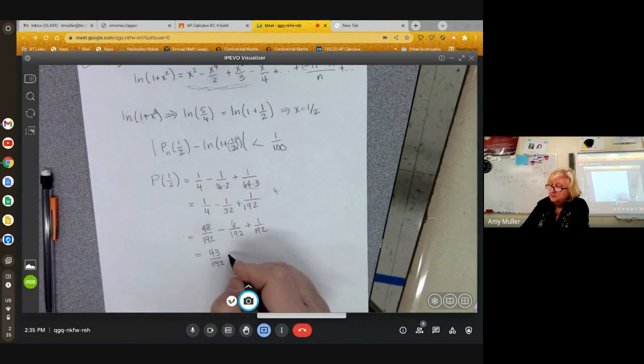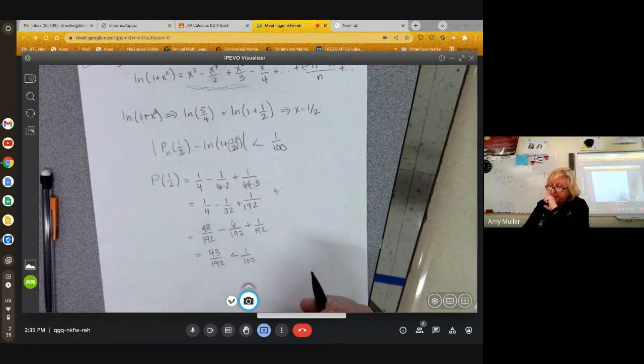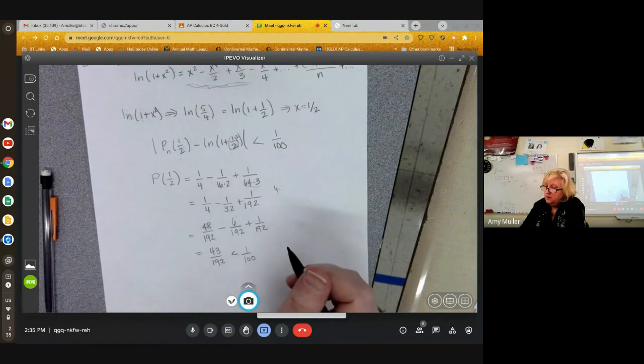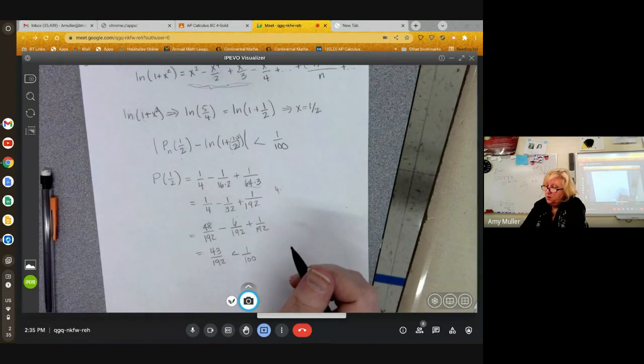Is that less than 1/100? I think it is. Wait, no, it can't be. Can it? That reduces to around a fourth-ish. Does it reduce? If you think about it, 4 over 200, like 1 over 50?